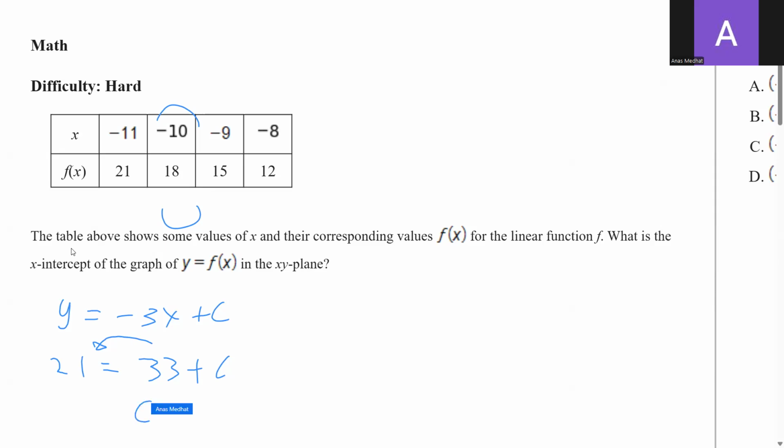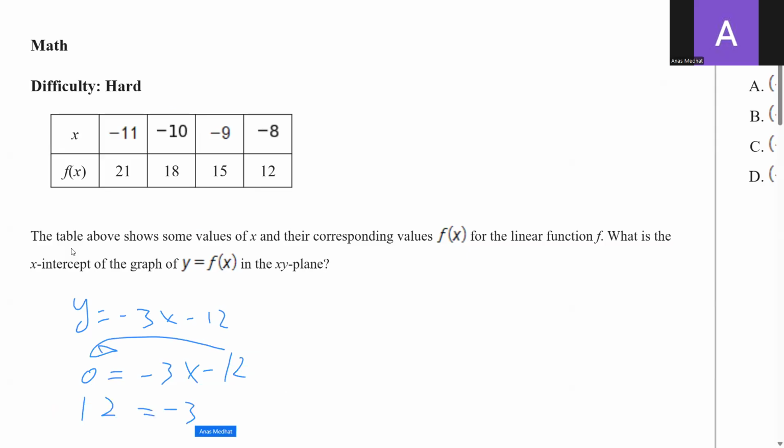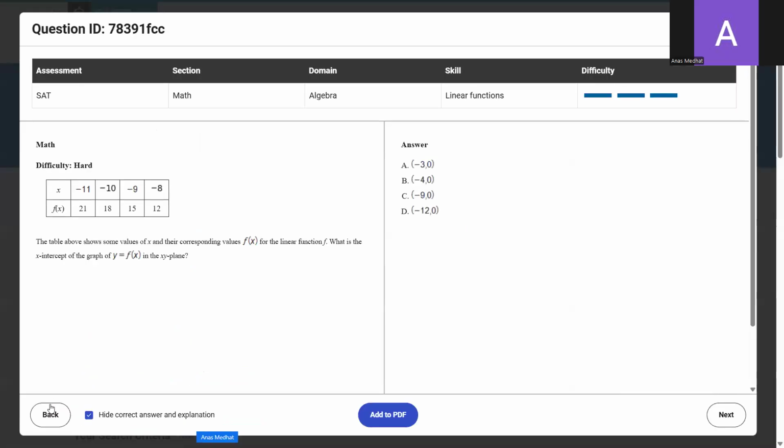So c is equal to minus 15. Now it wants the value of x when y is equal to 0. Just find x. X is equal to minus 4. So the answer is B.